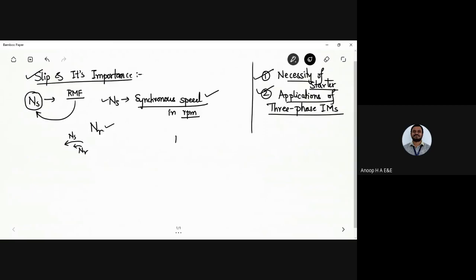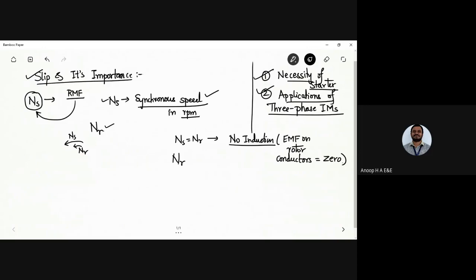What happens if NS equals NR? I will have no induction, that is, the EMF induced on the rotor conductors will be equal to 0.